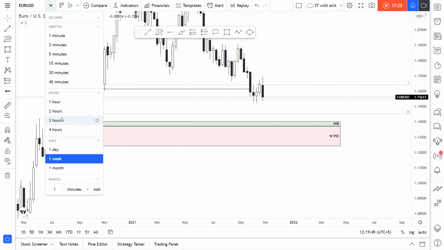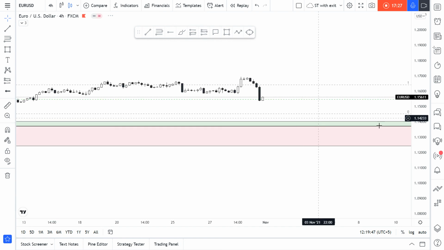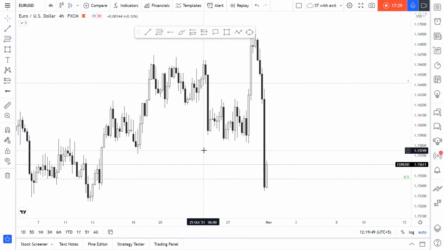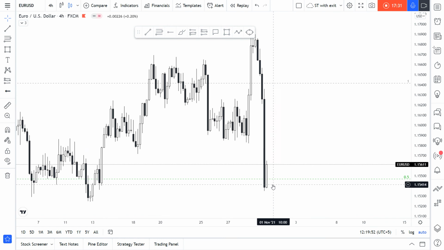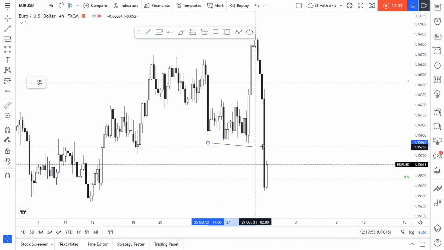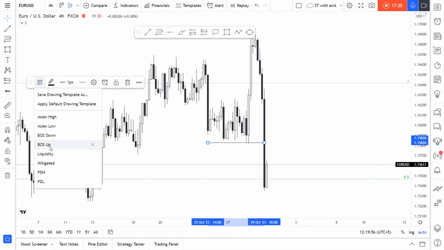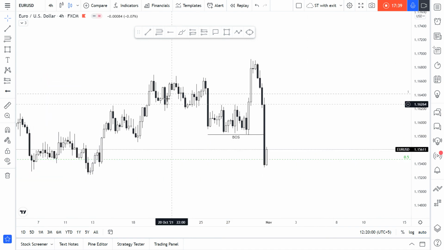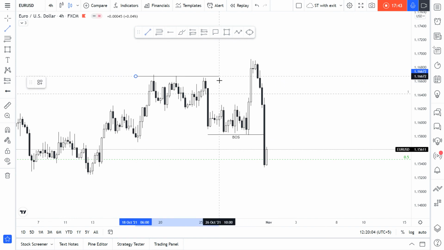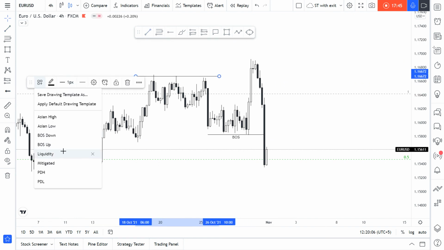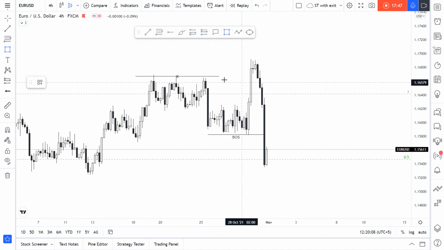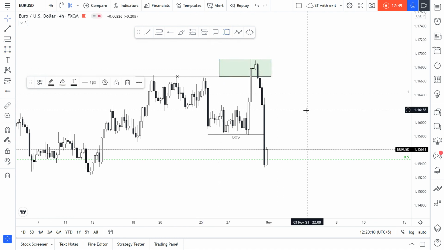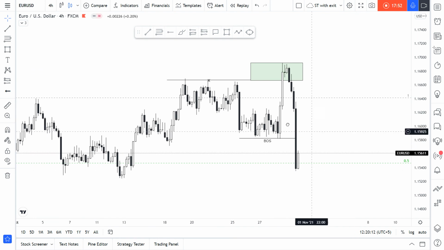If we go to the 4 hour time frame, perfect. This is our intent to the downside. We got this break of structure to the downside. We got those perfect liquidity levels where we grabbed some liquidity here and then went to the downside.